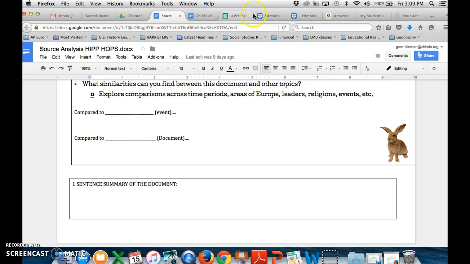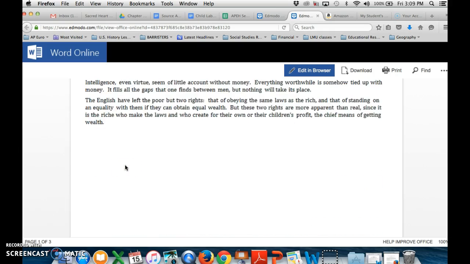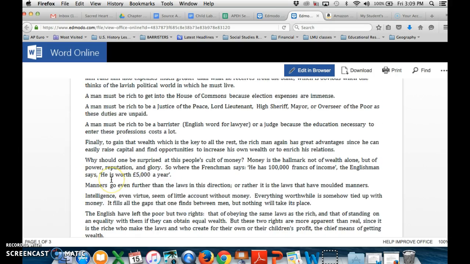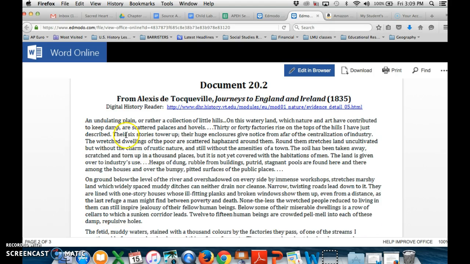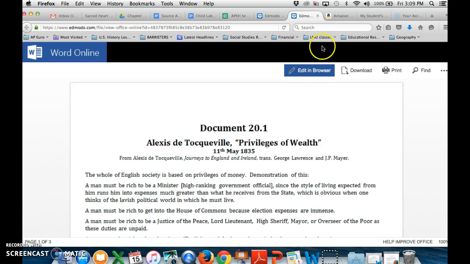So for Tocqueville, document 20.1, you need to do the H, historical context after reading that, the P, the purpose, and then write a one sentence summary. Same thing for document 20.2, H, P, one sentence summary. And that's all you do for these two documents.